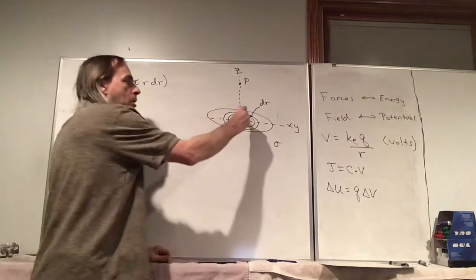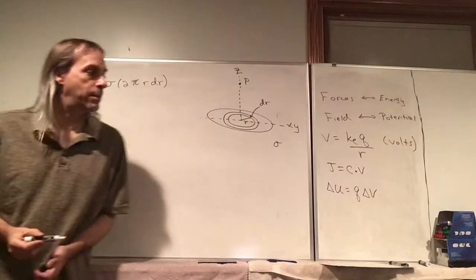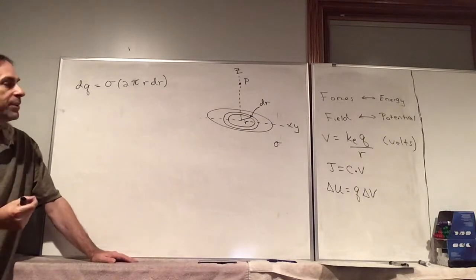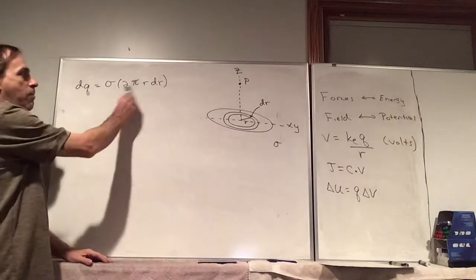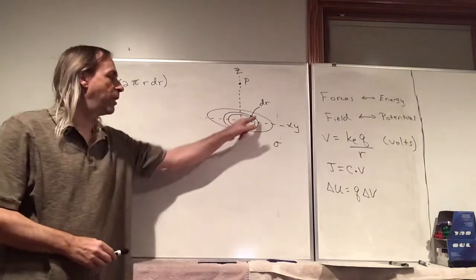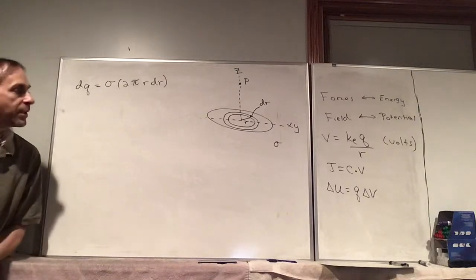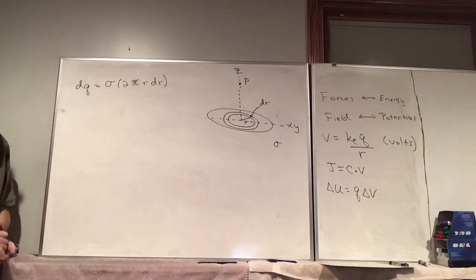Now, that wouldn't be true for a ring in general, because r changes as you go from the inner radius to the outer radius. However, if it's an infinitesimally thin ring, you can just unfold it into a rectangle, and so this 2 pi r would just be the circumference, and then dr is the thickness of the rectangle. Again, that only applies for an infinitesimally thin ring.